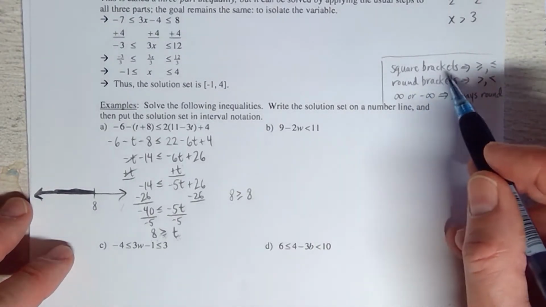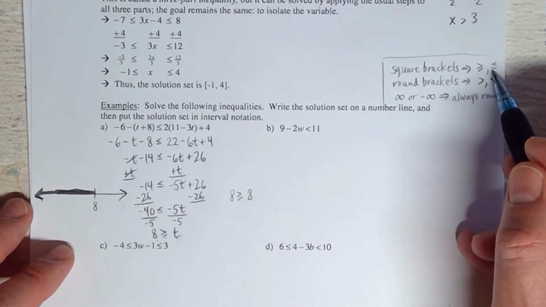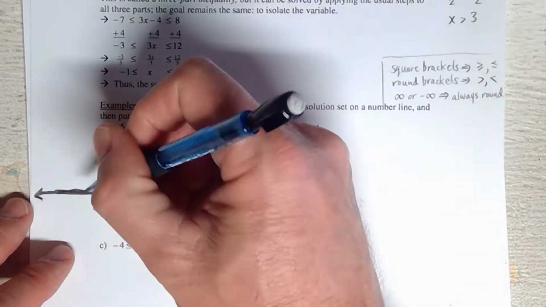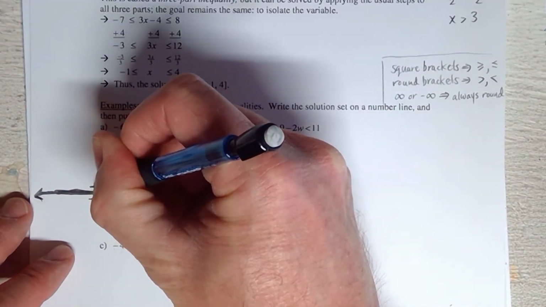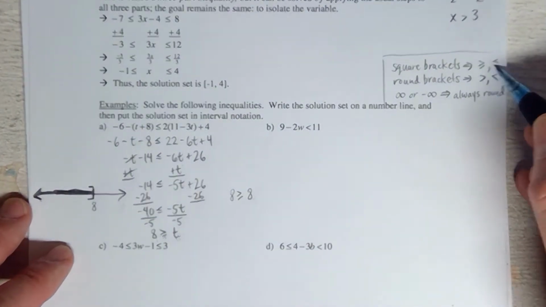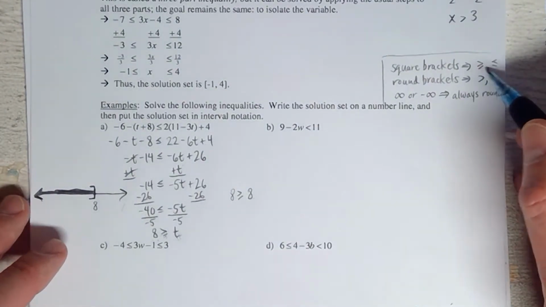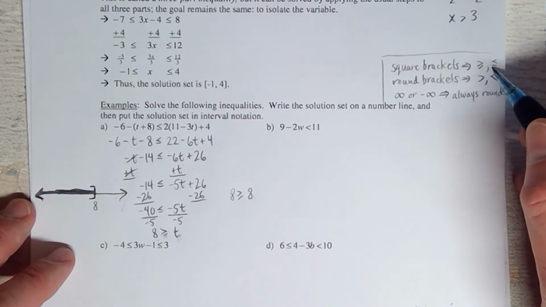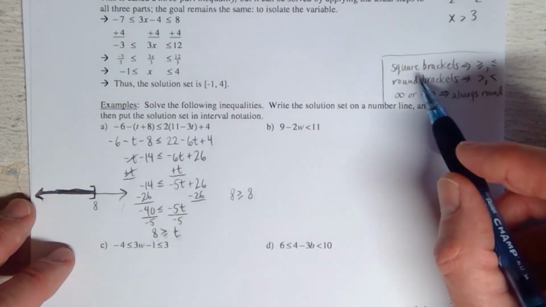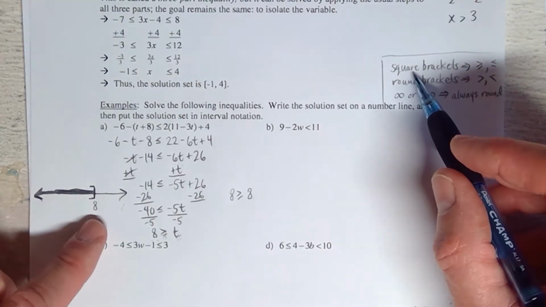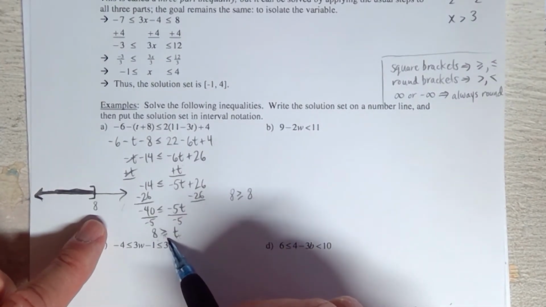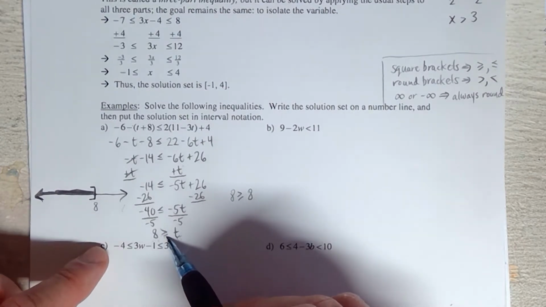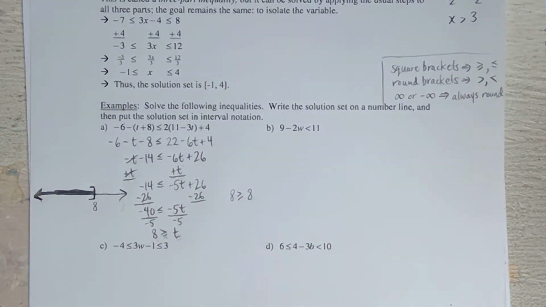So for that reason, the square brackets are what you use when it has that equal to component in it, alligator feet, in other words. It doesn't matter which one of these it is. If it has alligator feet underneath the mouth, you're going to use a square bracket on that number. If this had not had the little equal to line underneath it, if it had just said greater than only, then you'd use a round bracket.